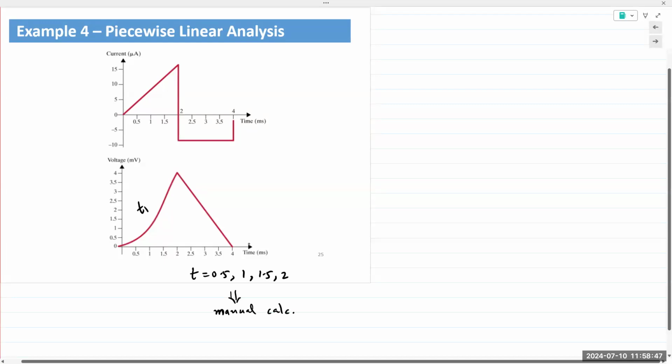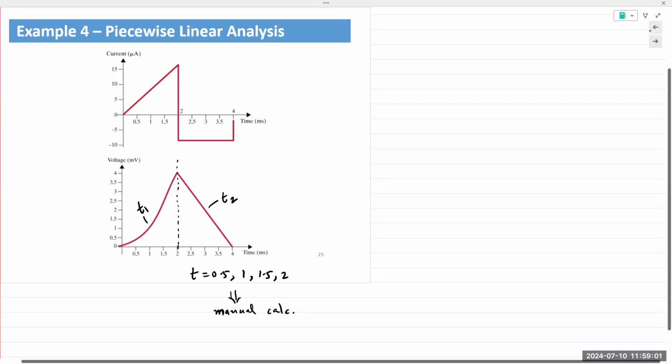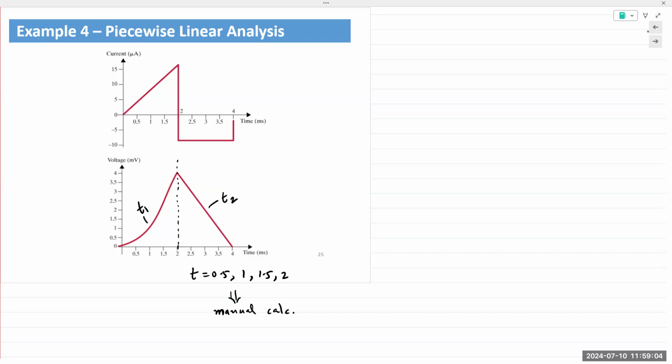This is your time period T1, and this is time period T2. T1 has a curve because it was a function of t squared, whereas T2 was a function of t, so linear. Make sense? Any questions?